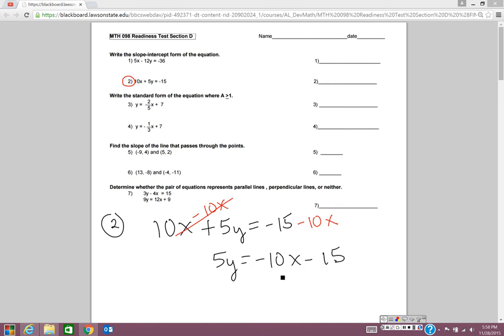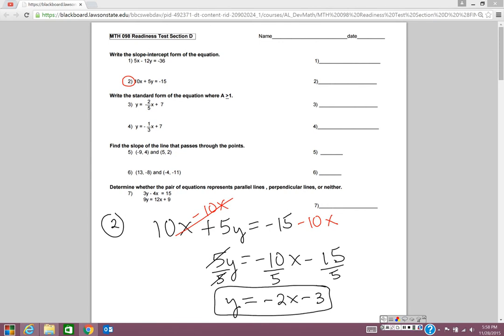Again, I like writing this as mx plus b. So it's okay to write negative 15 minus 10x. I just like writing it this way. Then I'm going to go ahead and divide by 5. So my final answer would be y, since 5 divided by 5 is 1. 1 is understood, 1 times y. Negative 10 is divisible by 5, so negative 2x minus 3.